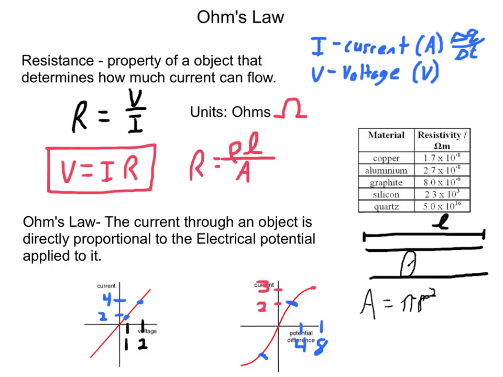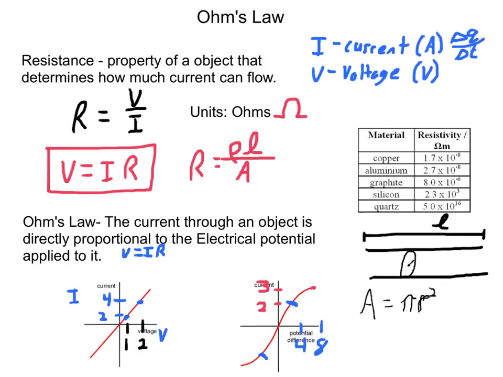Now, I also need to point out that the slope of something that is ohmic over here, the slope of the line has meaning. Using our equation of V equals IR and then solving for I, rise, that's the current, because I have my current on my y-axis, over run, voltage on the x-axis.